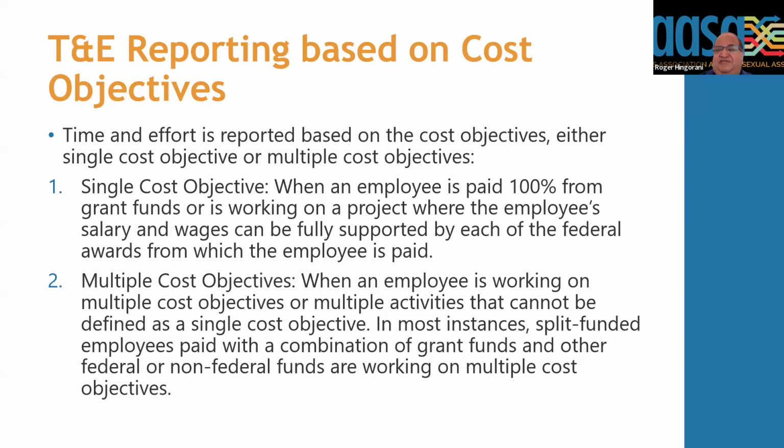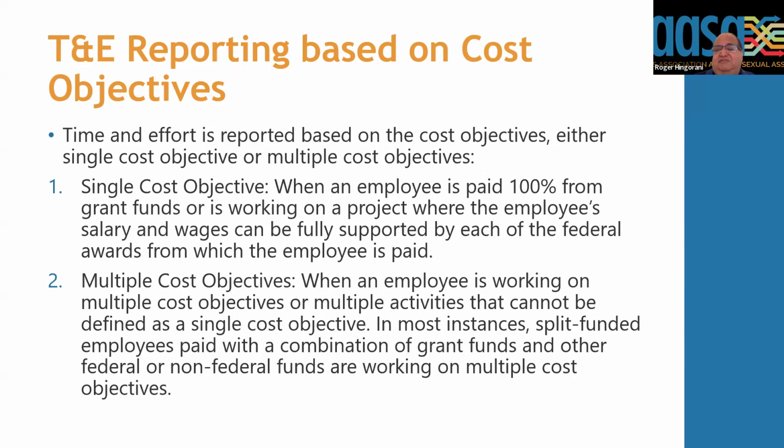It's very simple. When somebody is getting 100% of their money from a single grant, that's the simple part. However, in certain cases, when the employee is getting funding from two separate funding sources, but all the activities that employee is carrying out are eligible under either of those two funding sources, that still becomes a single cost objective.